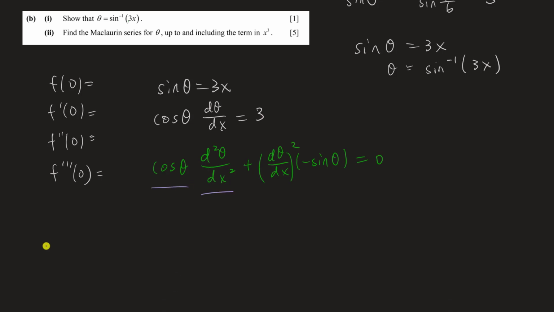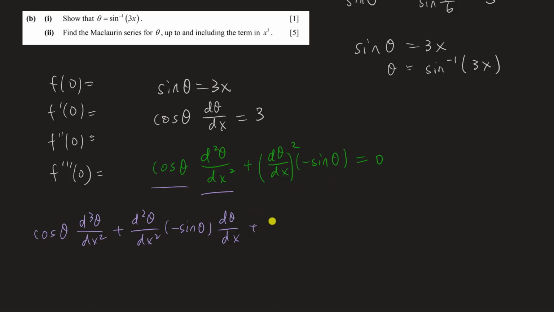2 items here. Product rule, hold 1, differentiate this, plus hold this one, differentiate this. Differentiate this gives us negative sine theta d theta dx. Second pair, this and this.